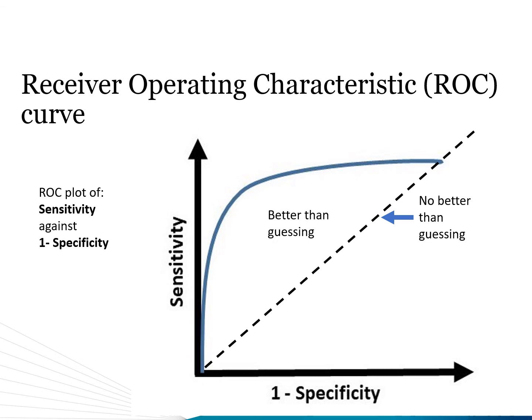However, if the curve lies above that and the area lies above that, and it's the area that we use to determine how well the test works, then we know that this is better than guessing. Of course, we need to decide at what level it is better than guessing to make sure that the test is useful. On the other hand, if the curve actually falls below that dotted line, we're actually worse than guessing. We're actually making entirely the wrong decisions.